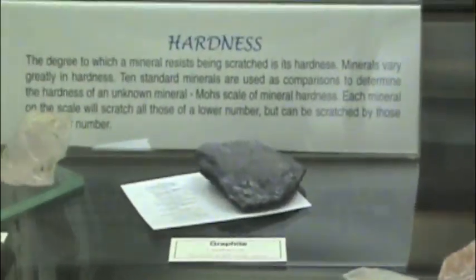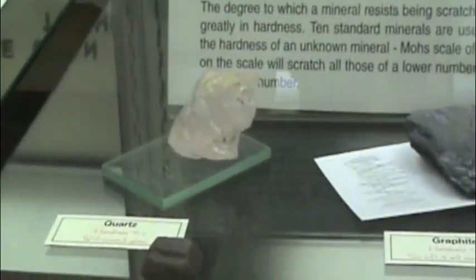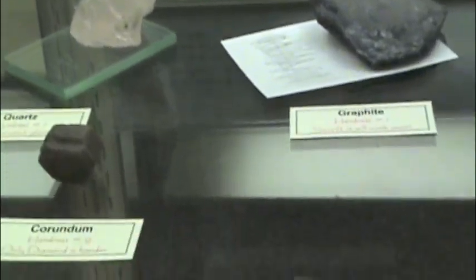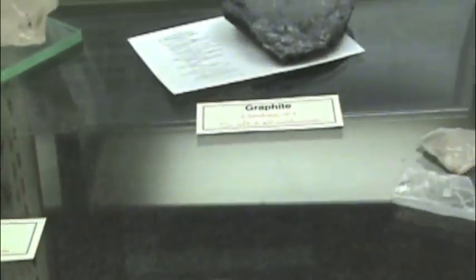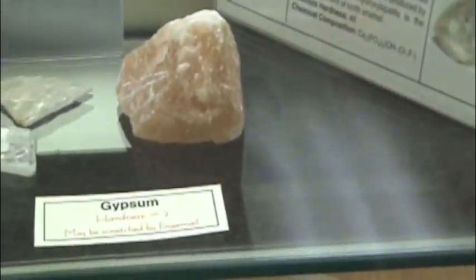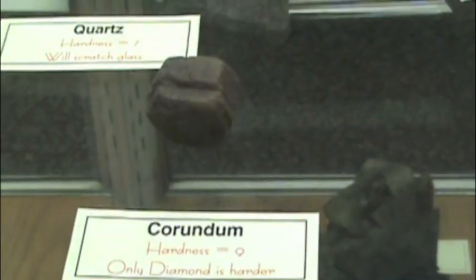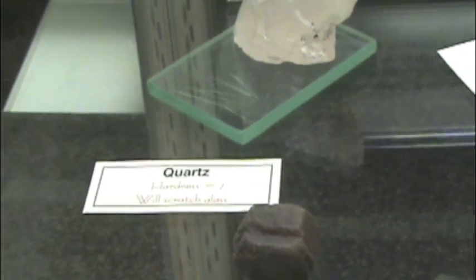And we talked about hardness, right? So this one shows us hardness. We know that quartz is very hard. That's that one in the back there. There's graphite, which would be very soft. Gypsum. So there's a mineral in here that actually has a hardness of 9, which is pretty darn hard, right? What was our quartz again?